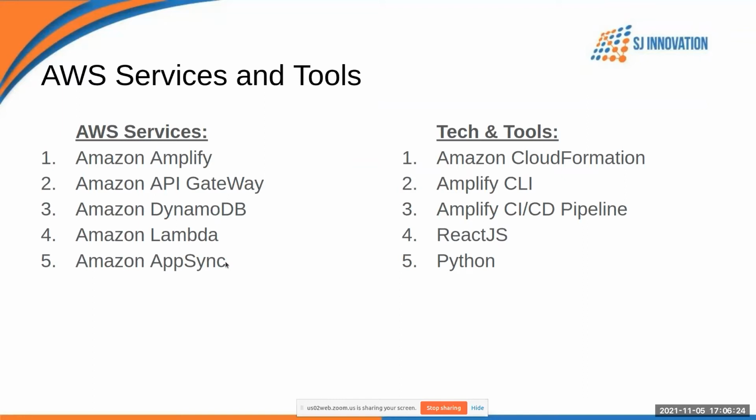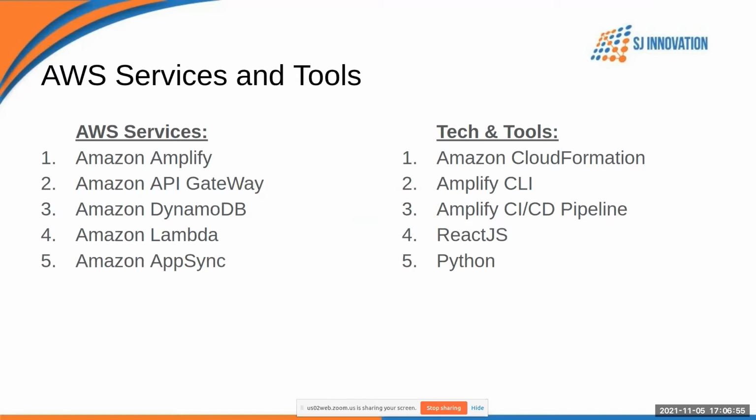So our database endpoint will be handled by AppSync as a GraphQL endpoint. We will be using two types of APIs here: REST APIs for specific business case uses, and AppSync for database related operations.